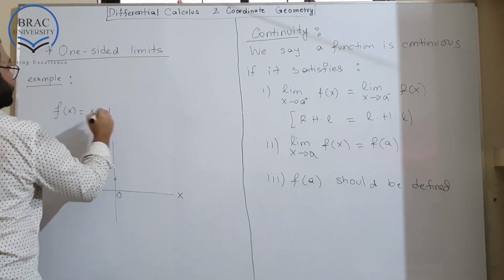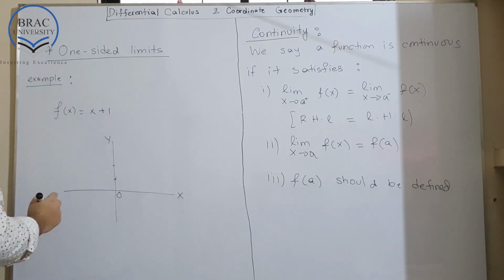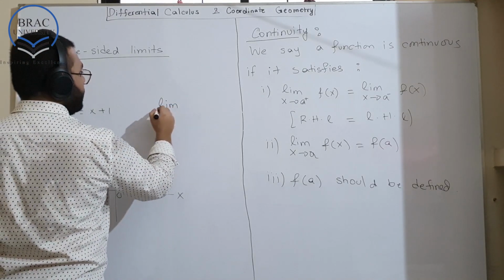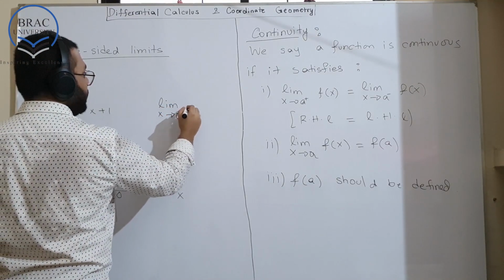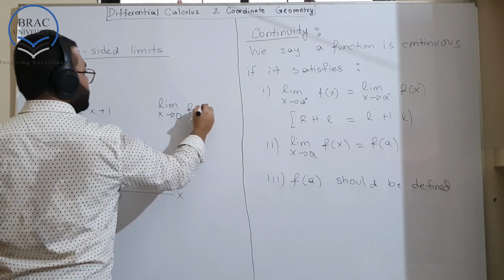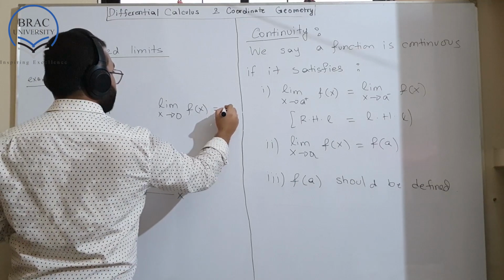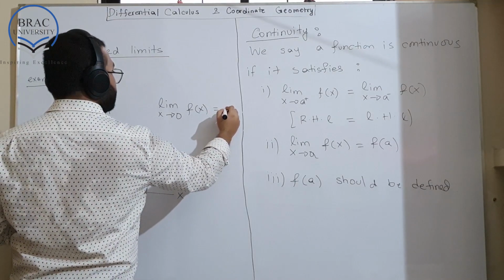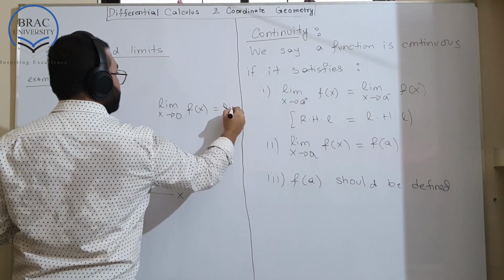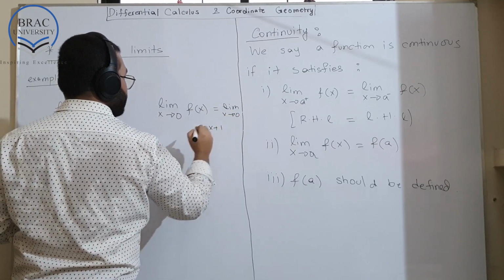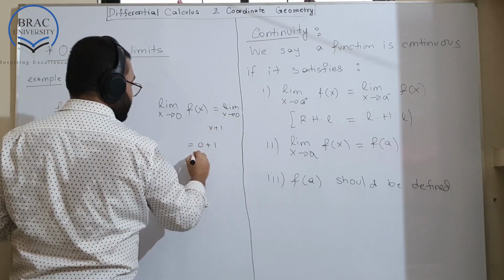Let's say we are considering the limit as x goes to 0. What should happen to f of x? The limit as x goes to 0 of x plus 1 should be 0 plus 1, which is 1.